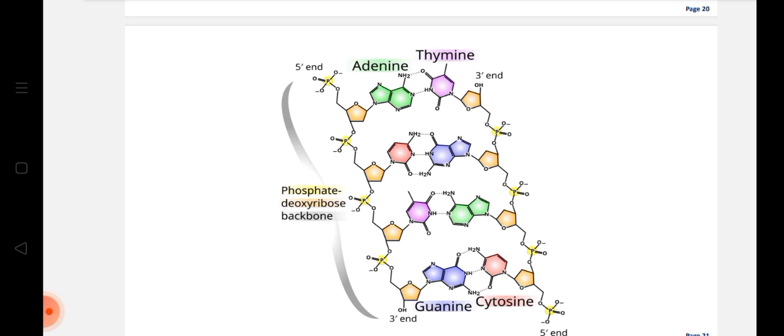These strands run in opposite directions, one from 5' end to 3' end, and the other from 3' end to 5' end, which is called antiparallel orientation. This arrangement is essential for DNA replication and accurate transmission of genetic information.